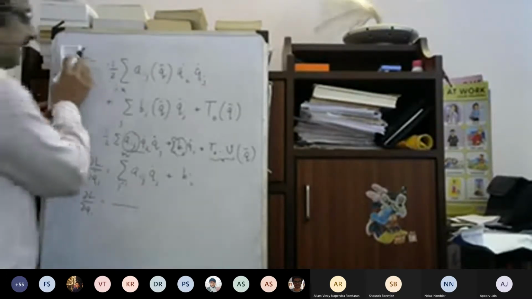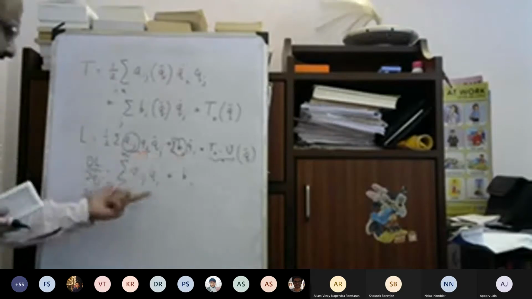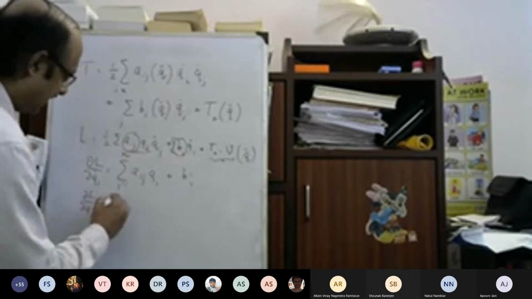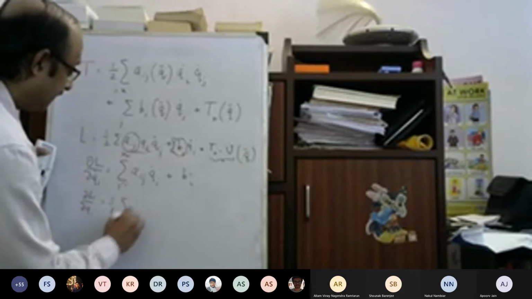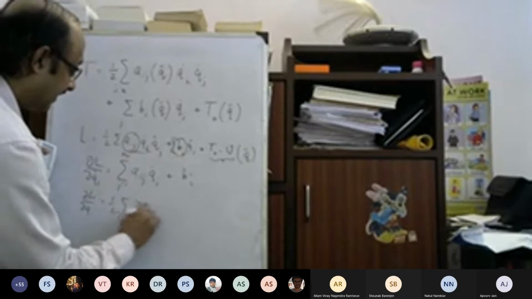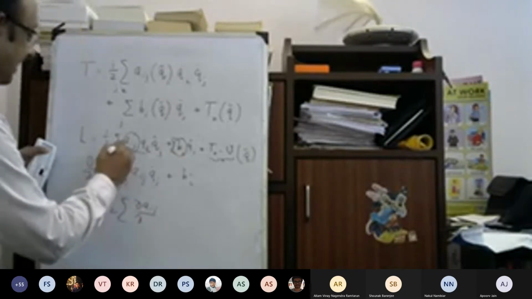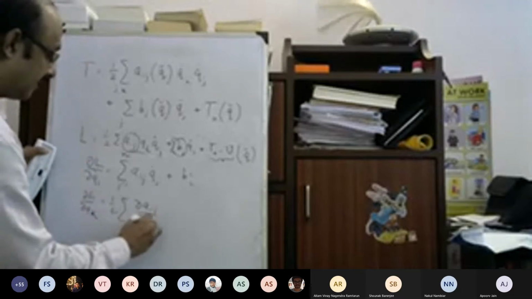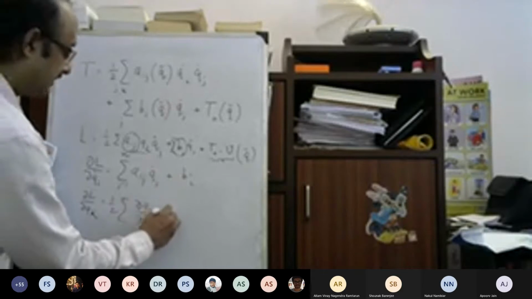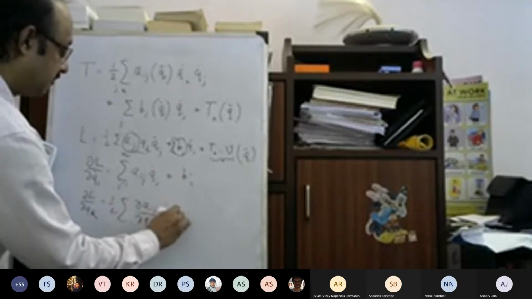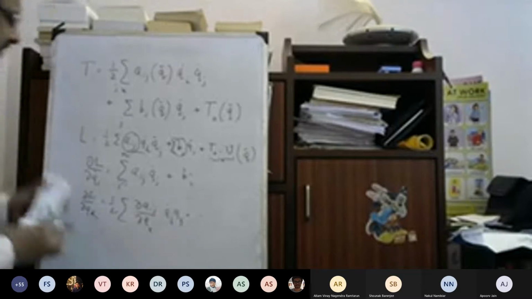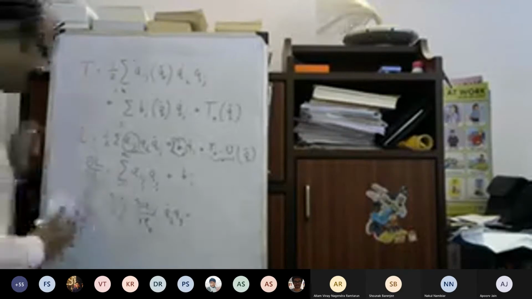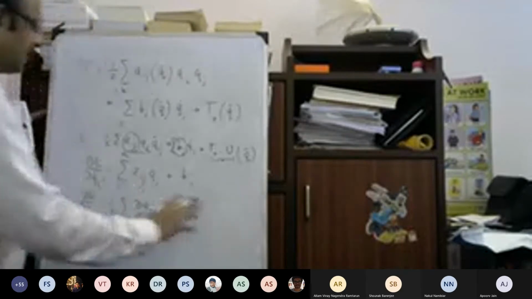So now we can write down the equation. This part is clear. I have not written it out, but this becomes half del aij del qk, qi dot, qj dot. I'm not writing this down because it will be a lengthy expression and we do not require this part, so I'm not carrying out the differentiation explicitly.